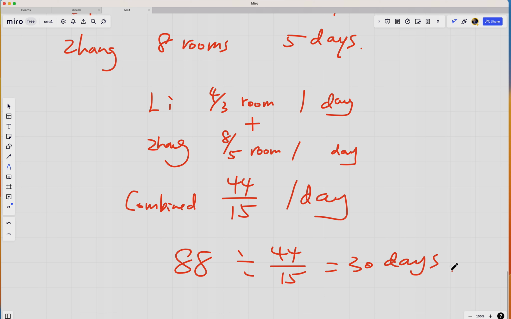So the question asks you for the time, so it makes sense for you to find out the speed. So I find out their combined speed. Basically you make use of this formula. Like for the tank, where the water goes in and the water goes out, it is the same thing. That one is called rate times time, and over there it is volume.